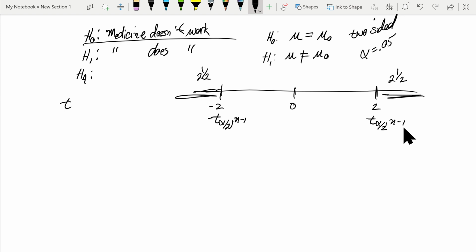So that if I had an experiment with n equals 30, and I want alpha equals 0.05 for my error, I need to look up a t-value that cuts off 2.5%, 0.025, with 29 degrees of freedom. All right, this is where you need Excel.